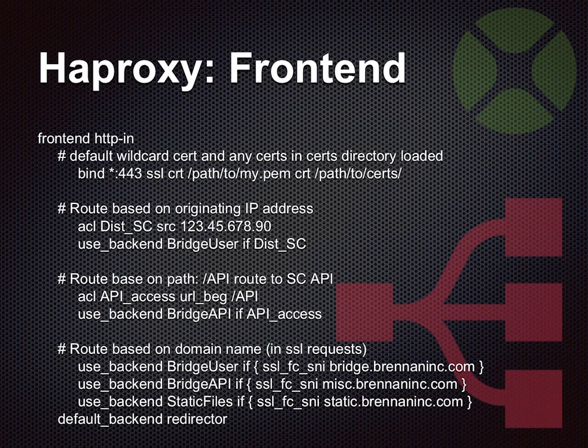Now, I can define multiple backends. They could be different apps. They could be the same app. So this allows you to say, if I'm coming from a certain IP address, send them to this backend. You had a question? Why would you want to route based on IP address?